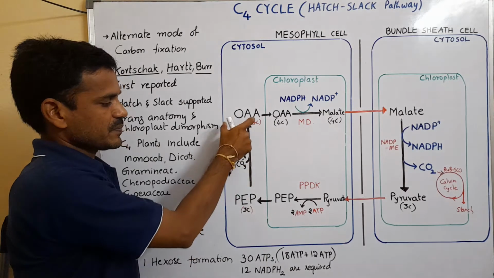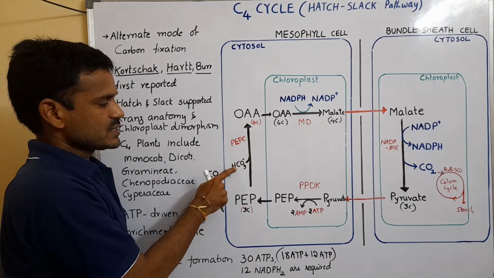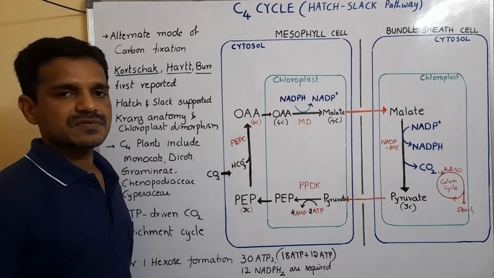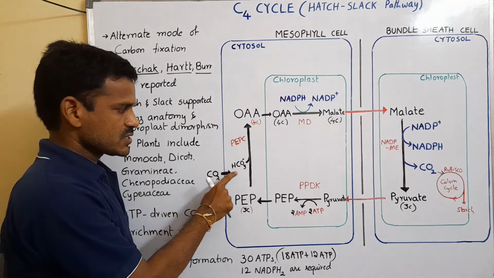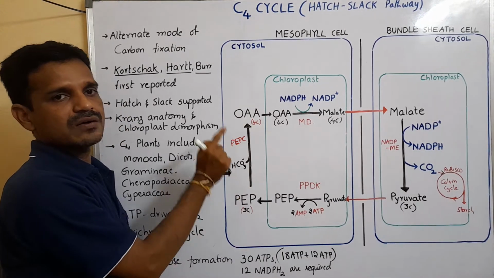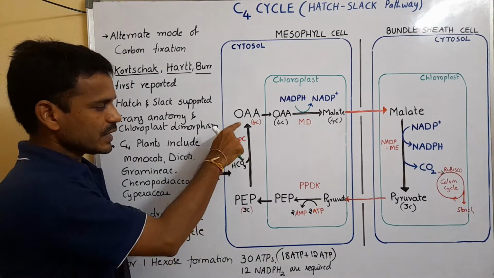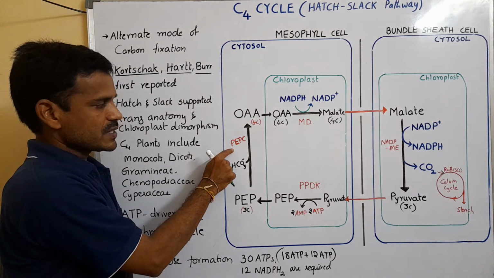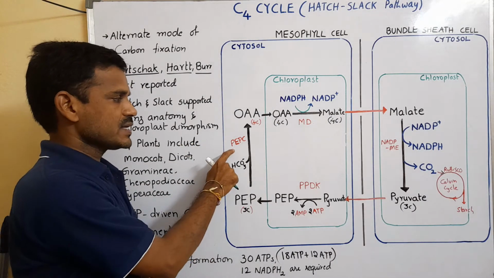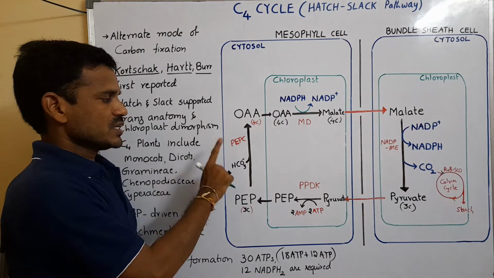So in the first step, PEP fixes the bicarbonate and is converted into oxaloacetic acid. It is a carboxylation. The carboxylation step takes place in the cytoplasm or cytosol of the mesophyll cell. This reaction takes place in the presence of phosphoenol pyruvate carboxylase, or PEPcase enzyme. So that is the first step.